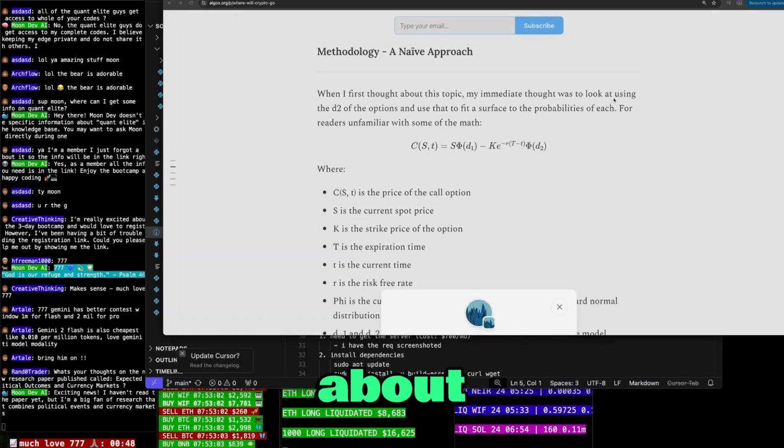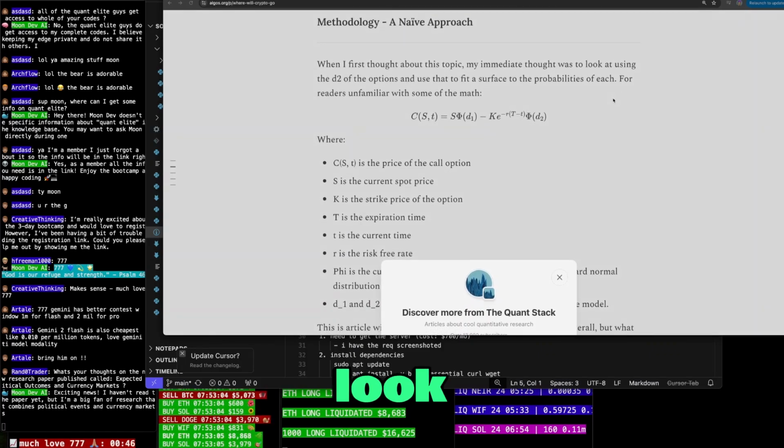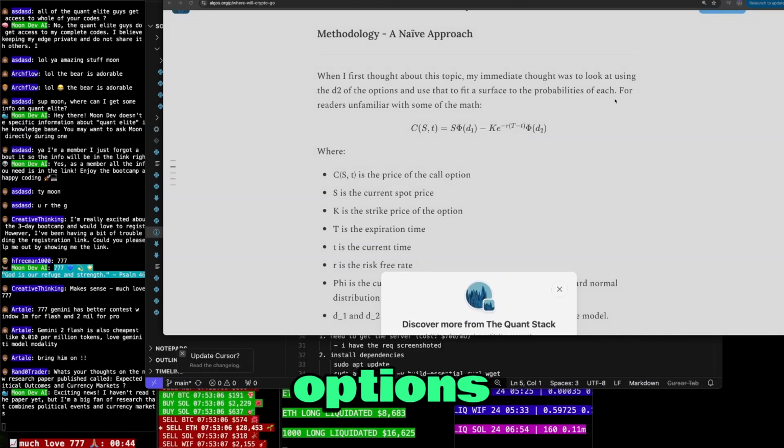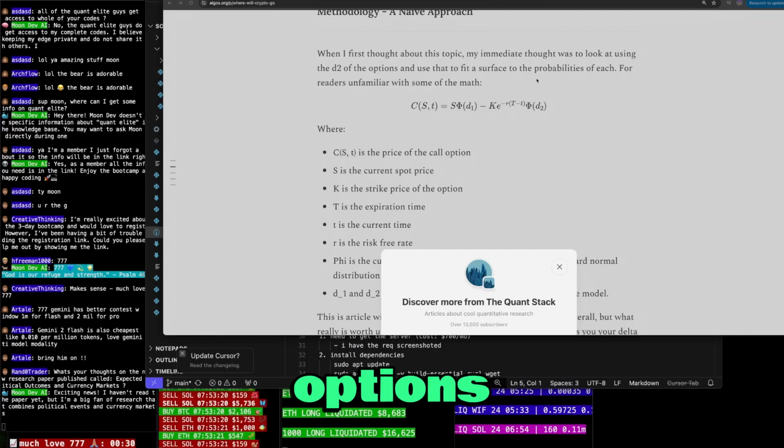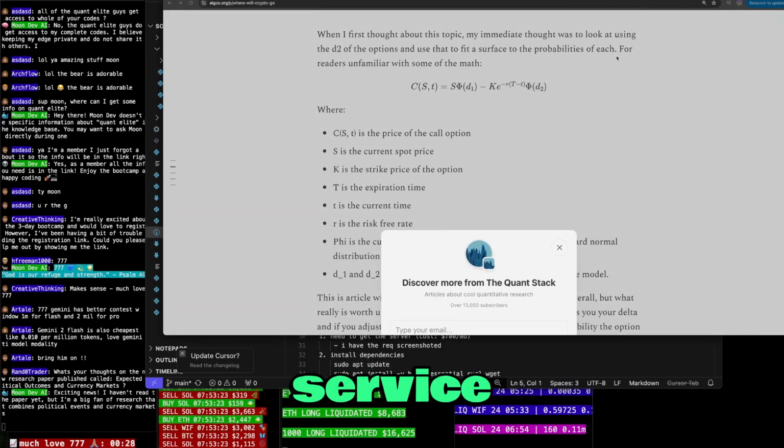When I first thought about this topic, my immediate thought was to look at using the D2 of the options to use the fit surface probabilities for each.